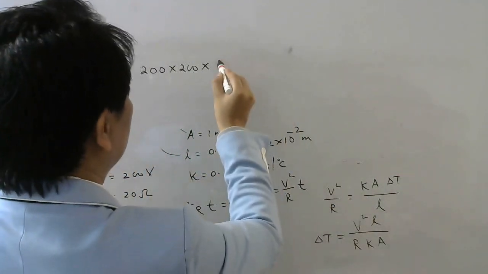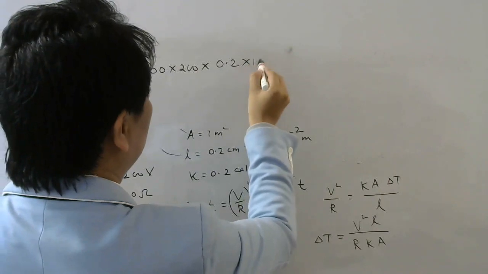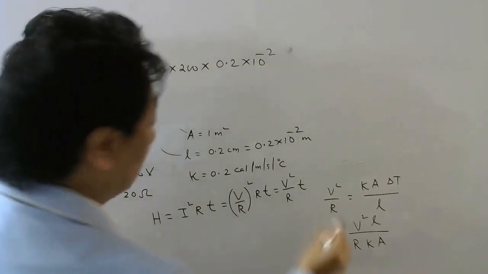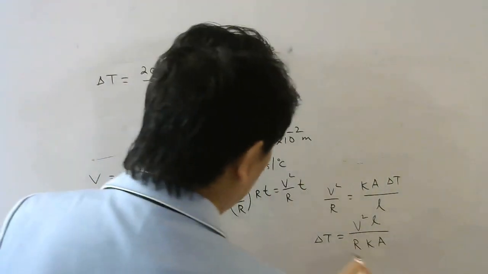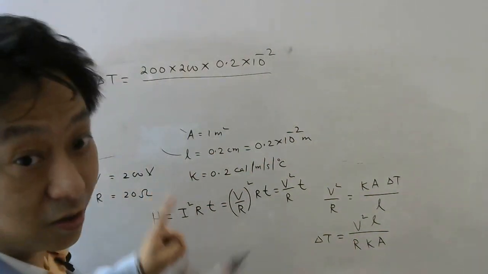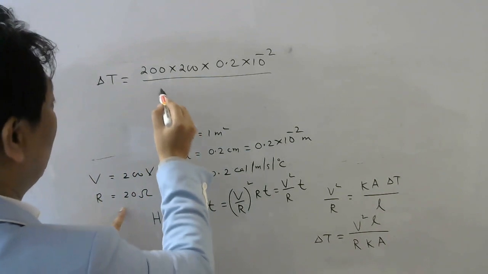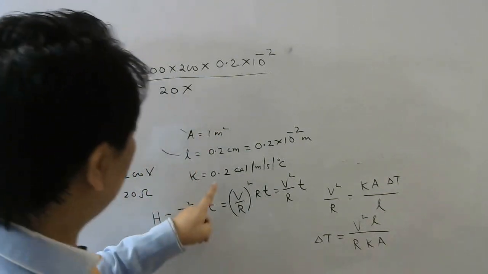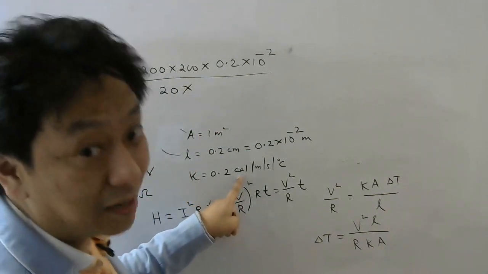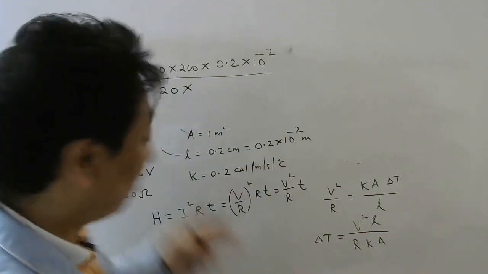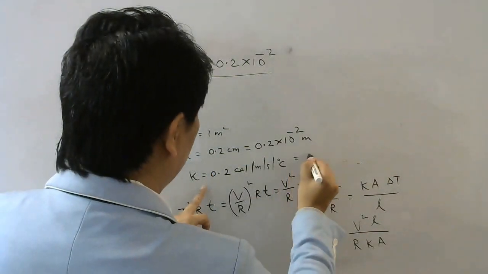So this L is 0.2 into 10 power minus 2 meter divided by R, the resistance of the resistor, not the thermal resistance. This is the resistance of the resistor, which was 20 ohm. Thermal conductivity was given 0.2 calories, but we want to use SI unit. So convert calories into joules.